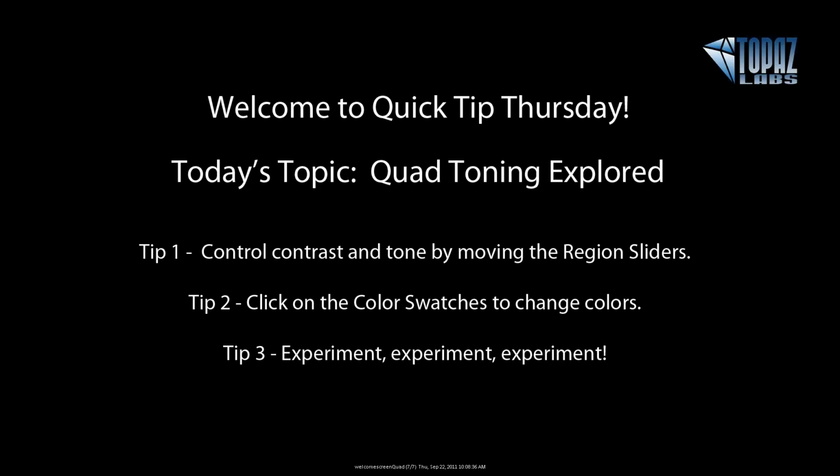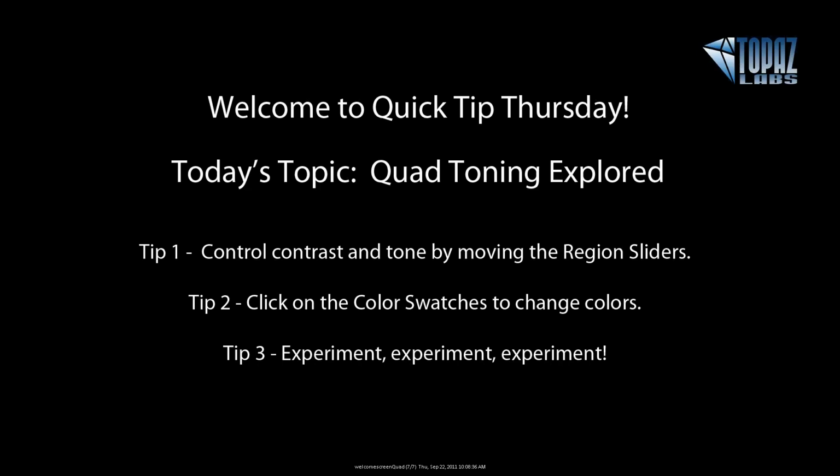All right, so a couple tips to start off with. My first tip is to control the contrast and tone by moving the region sliders. One thing that people get a little bit confused about, or actually don't know about, is that when you go through all of the different presets, some of those toned presets, or some of the ones that have really strong tone on the alternative process presets, don't look good.